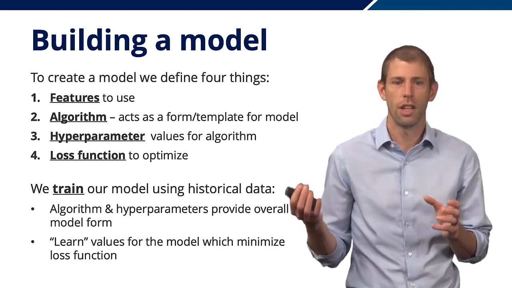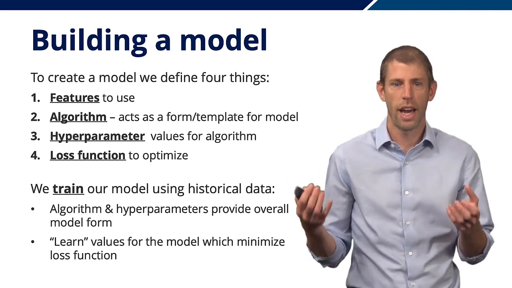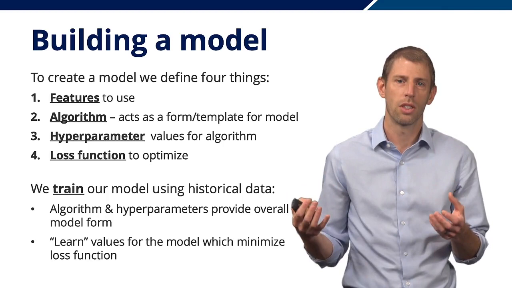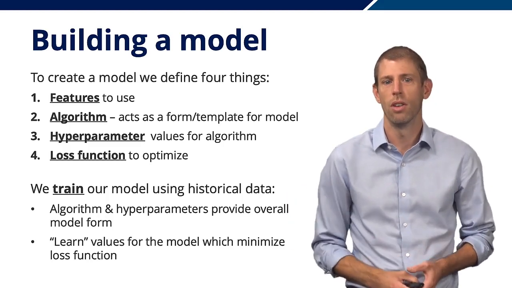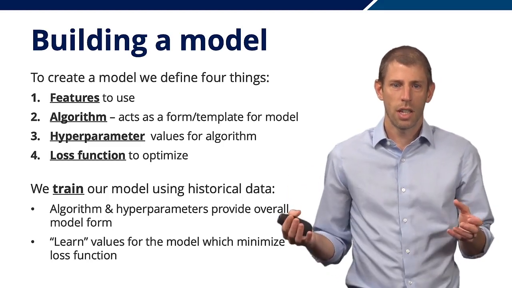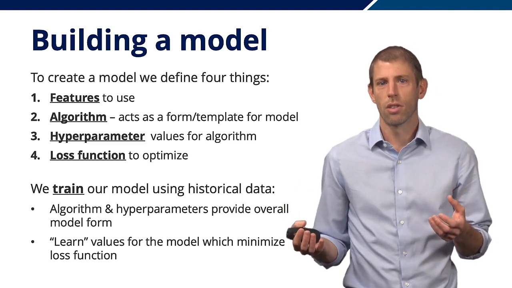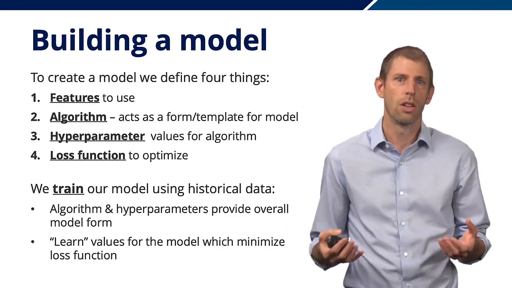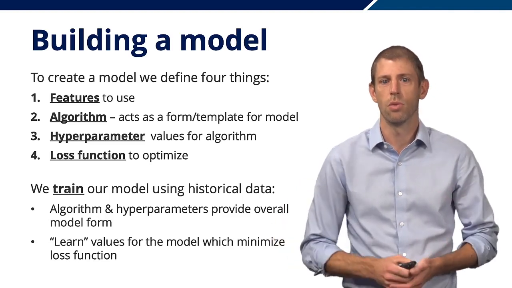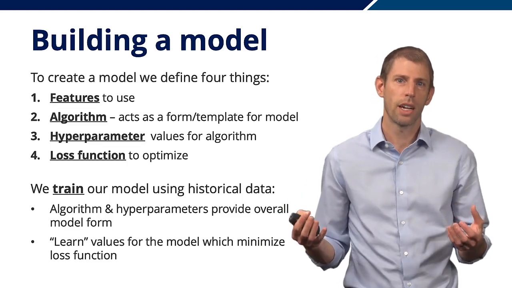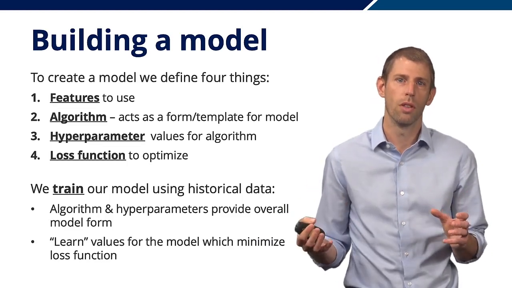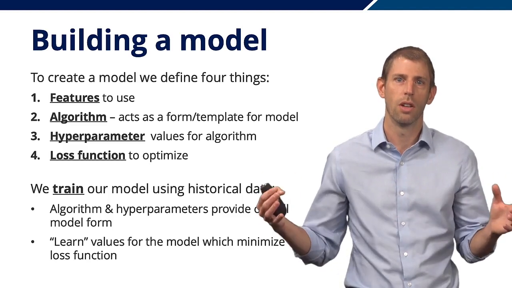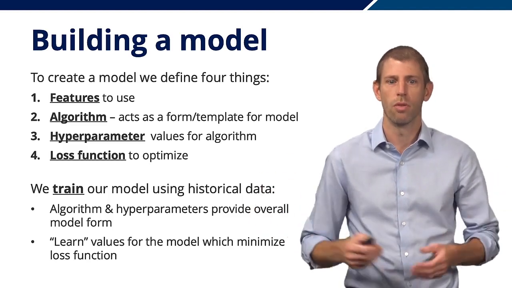The first is the set of features to use, or the attributes of our data, which we'd like to use as inputs to our model. The second thing we need to define is our choice of algorithm. In machine learning, there are a variety of different algorithms we can choose, and the algorithm acts as a general form or a template for the model that we're creating to define the rough shape and structure of the model.